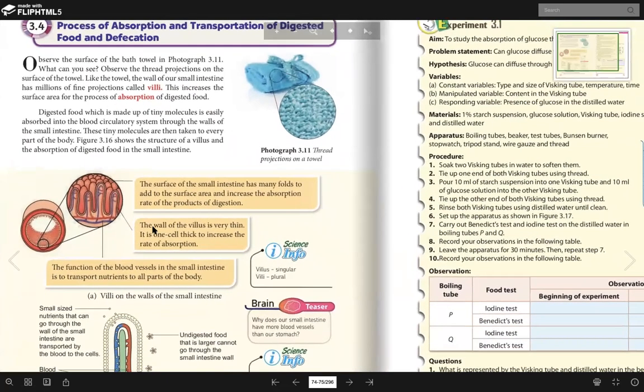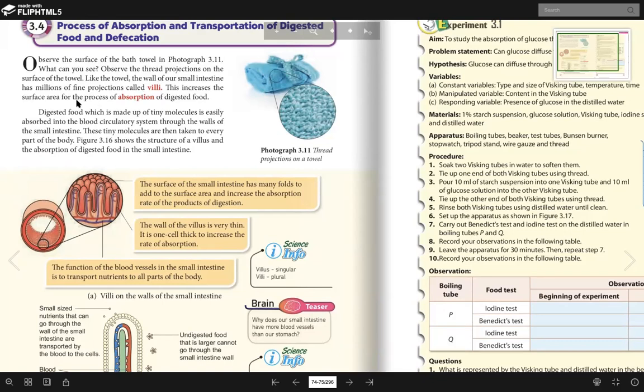So, if you notice, awak tengok kat sini, observe the surface of the bath towel. Dekat gambar ni, what you can see? Observe the thread projection. Like the towel, the wall of our small intestine has millions of fine projections called villi.